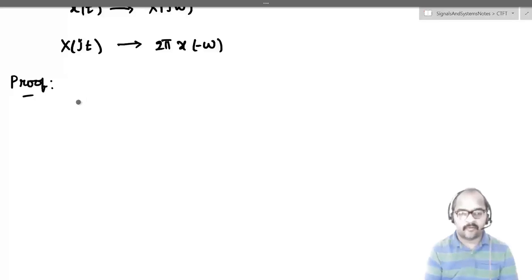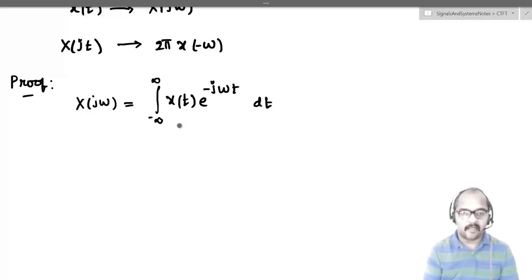We know that the Fourier transform of x of t is given by X of j omega, which is equal to the integral from minus infinity to infinity of x of t e power minus j omega t dt. So this is our analysis equation. Instead of omega, if you put lambda, nothing is going to change because that is a dummy variable.